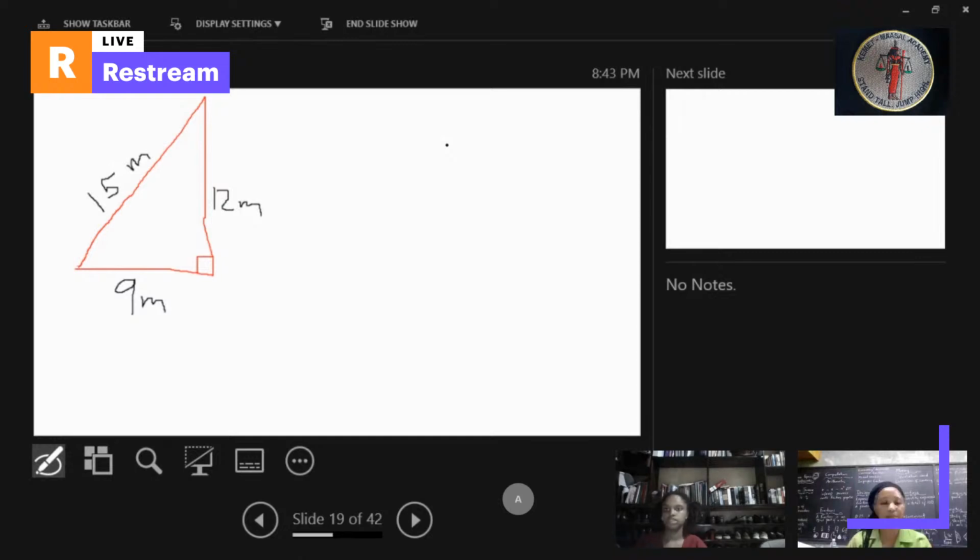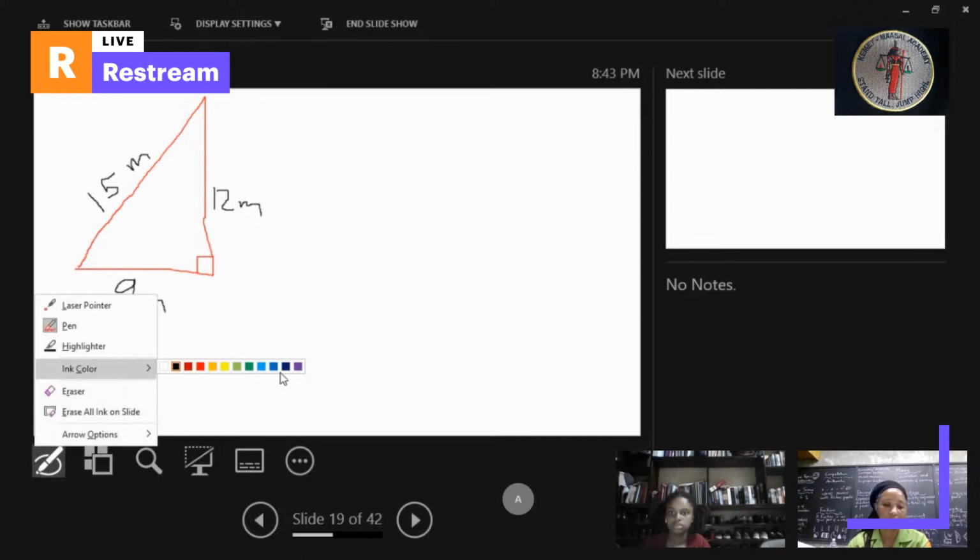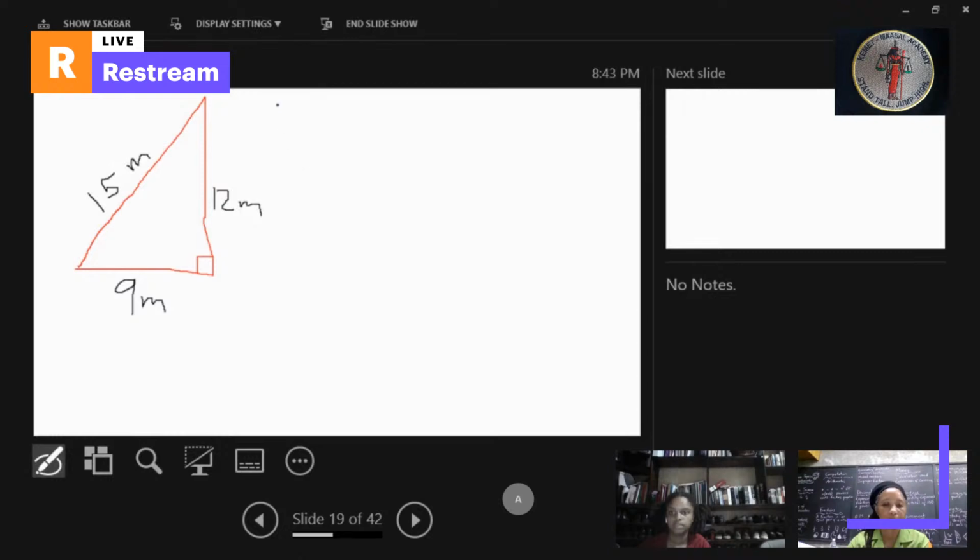Okay, miss. So the first thing we're going to do is find the semi-perimeter, and to do that, we're going to find the perimeter and divide it by 2. All right, so 12 plus 15 plus 9 gives 36 meters, miss.